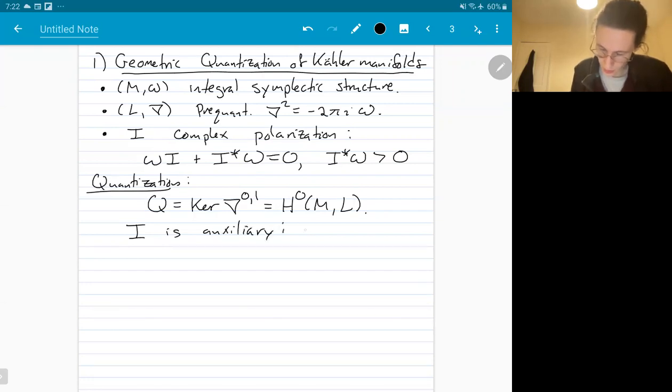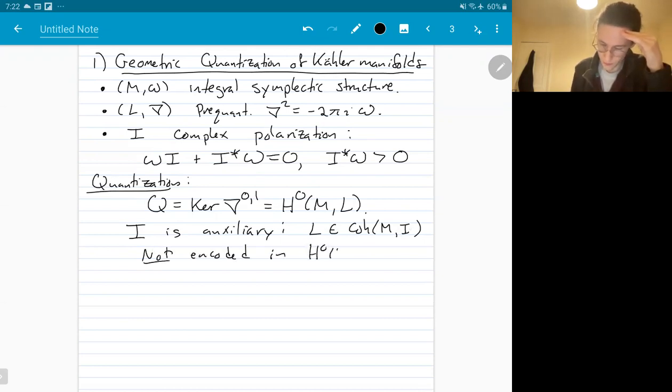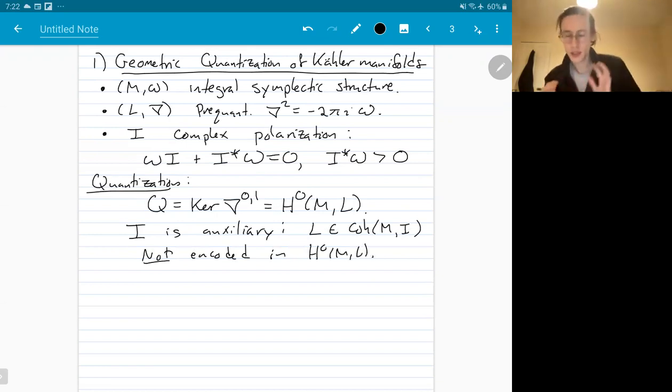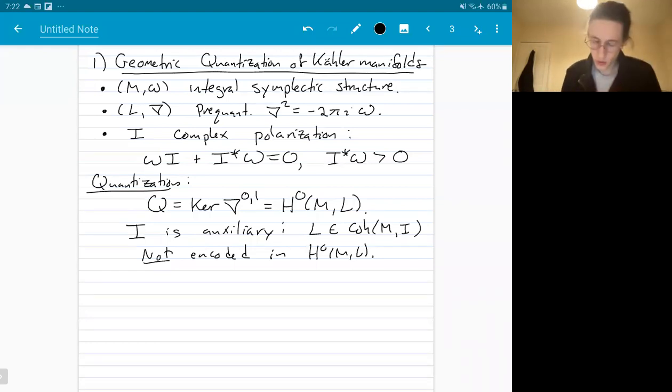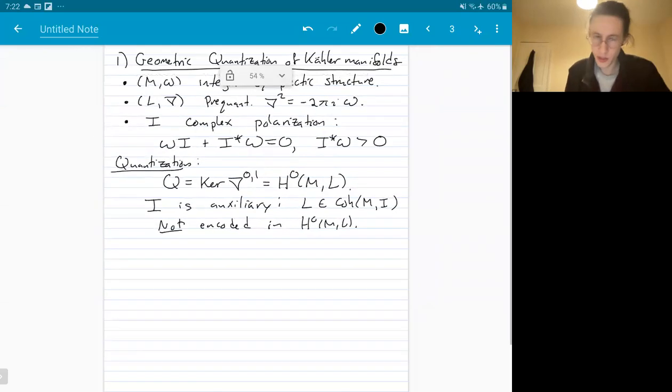You can think of it as allowing us to view L as an element of the category of coherent sheaves, but it's not encoded in the quantization. And if you're in a really good situation, you might even have invariance under change of polarization, so that if you change the polarization, the quantization will not change. So the quantization does not encode the complex structure.